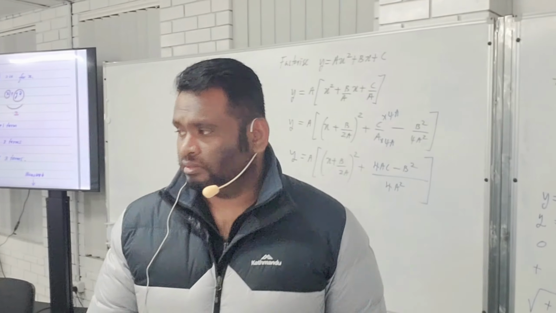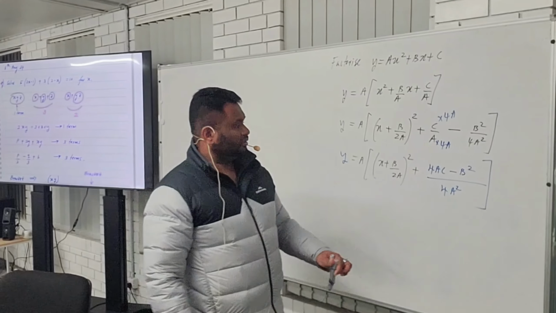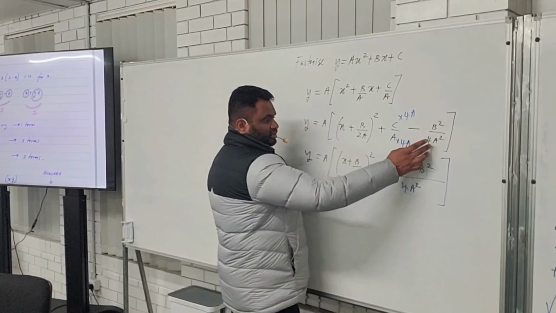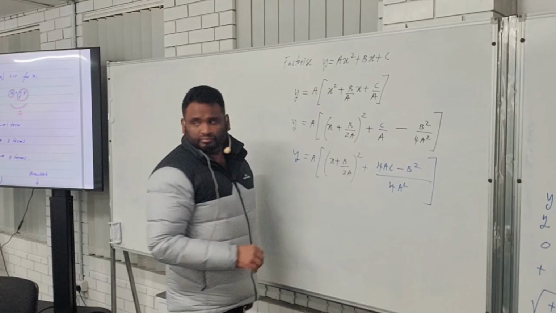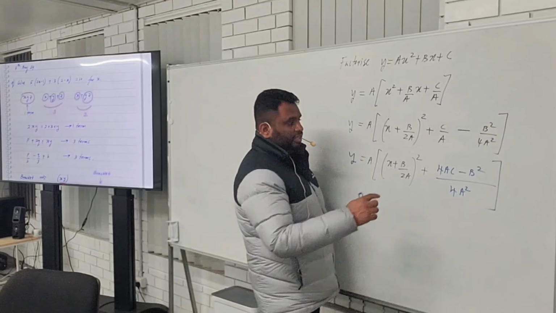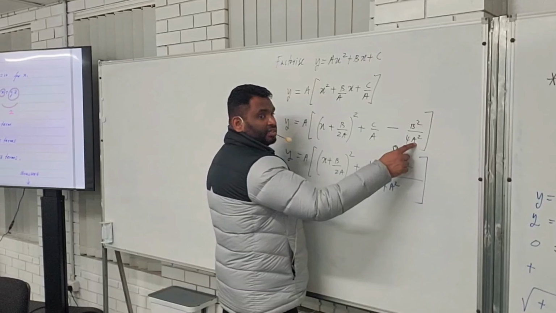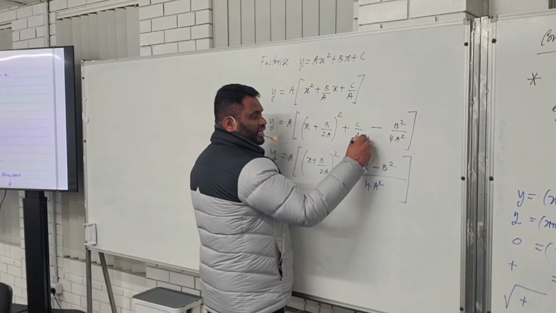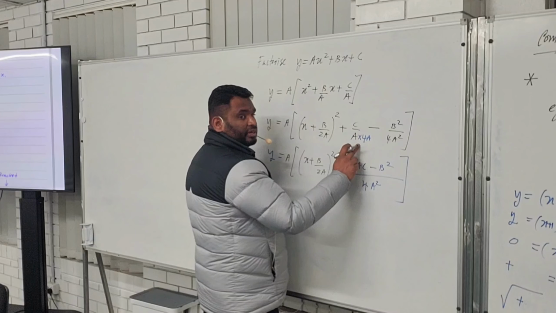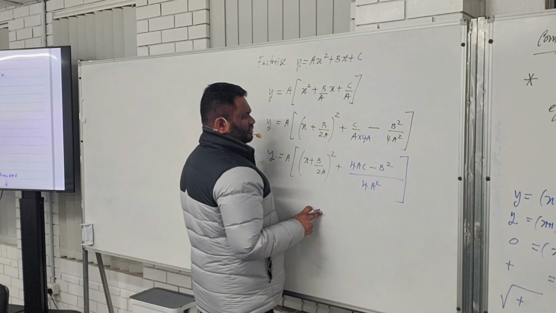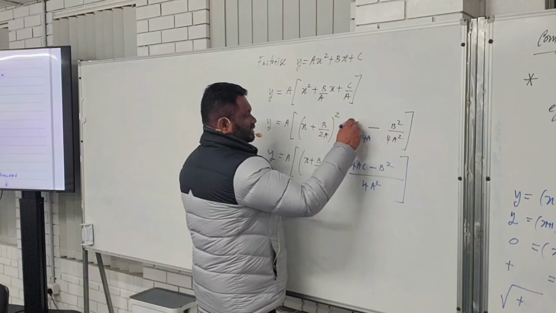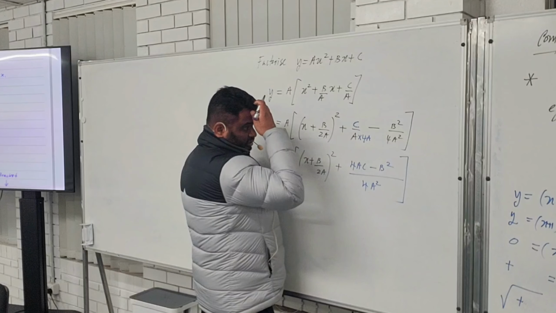AC minus B squared. Do you understand? So you understand we have this, right? Zero. So I need to get the common denominator. So it's 4a squared. So I multiply this by 4a, so that becomes 4a squared. But doesn't the C over A get inside the bracket?